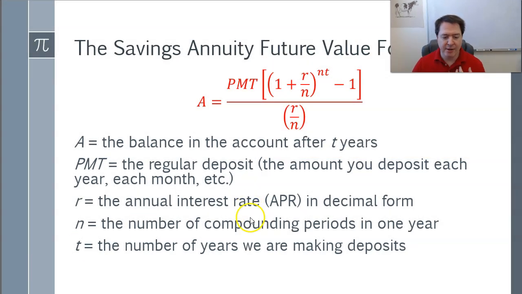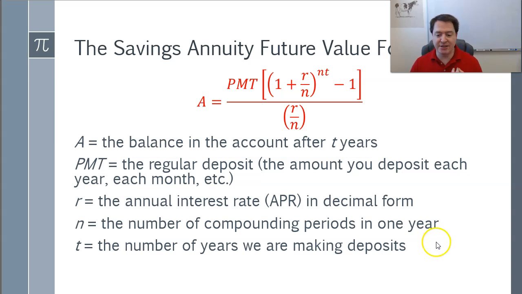Or if it doesn't say how often it's compounded, but we know we're putting in money every week, assume we're getting interest every week. Otherwise, this formula doesn't even work. So that's got to be an assumption that we make. That's what N is: how many times we're making deposits per year, which is exactly the same as how many times we're earning compound interest in a year.